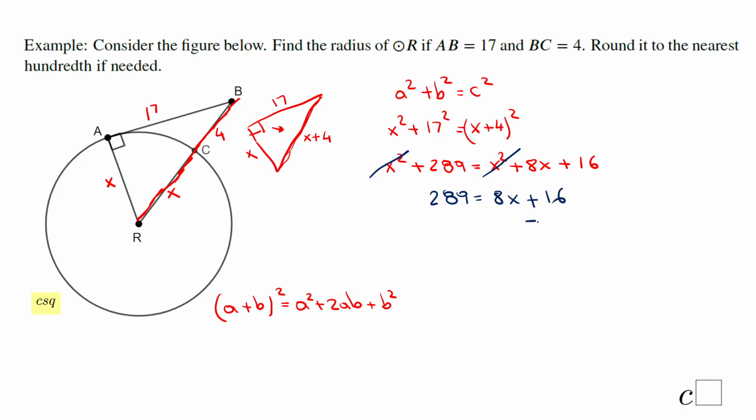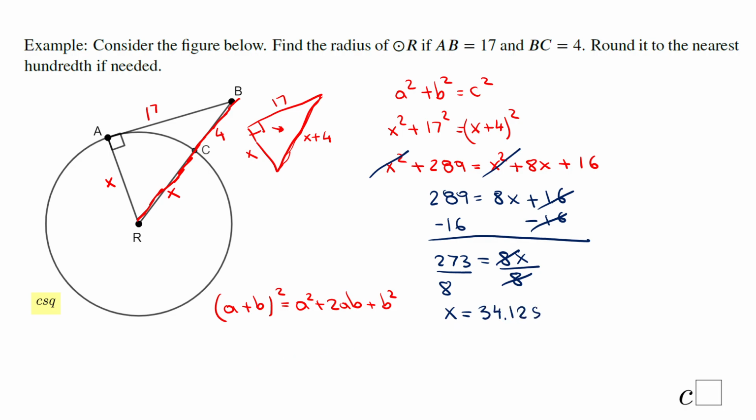I'm going to subtract 16 on both sides. 289 minus 16 is 273 equals 8X. The last step for finding X is to divide by 8 to get rid of this 8. So we have X equals 273 divided by 8, which is 34.125.